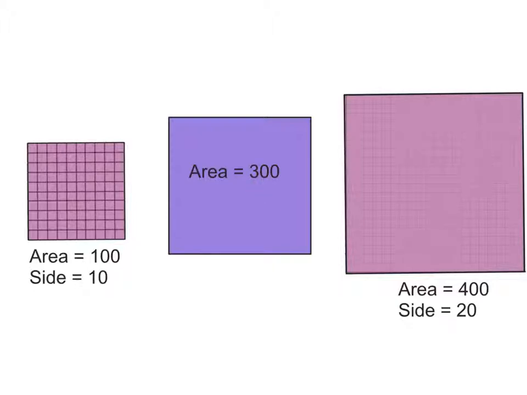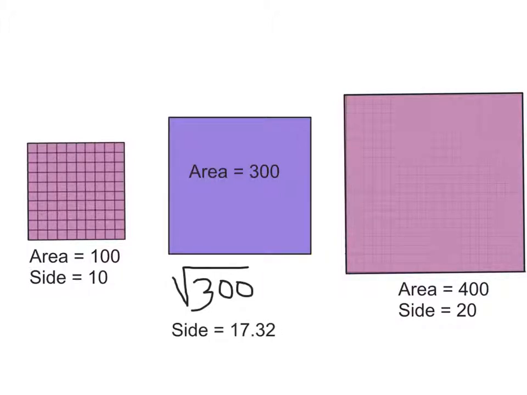That's right, all I have to do is square root its area. And this works out to be about 17.32. So large areas have larger sides, smaller areas have smaller sides, and because this area is in between 100 and 400, it makes sense that its side length should be between the 20 and the 10.